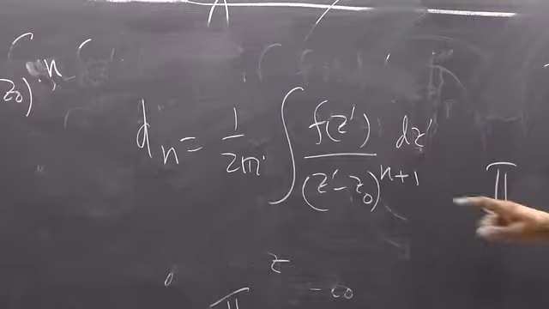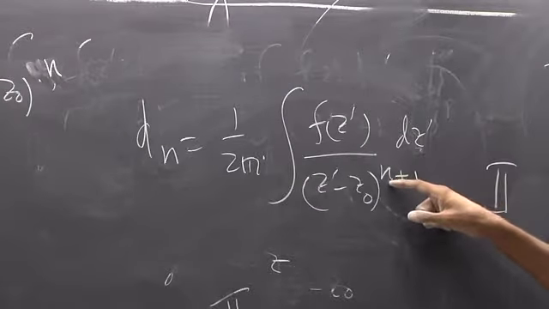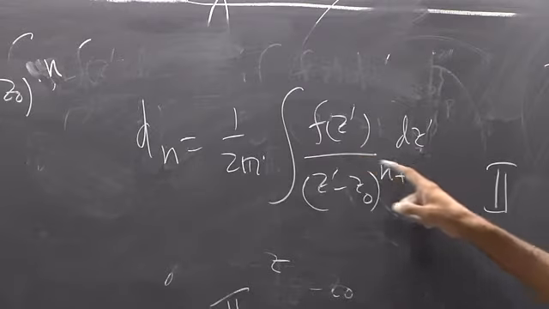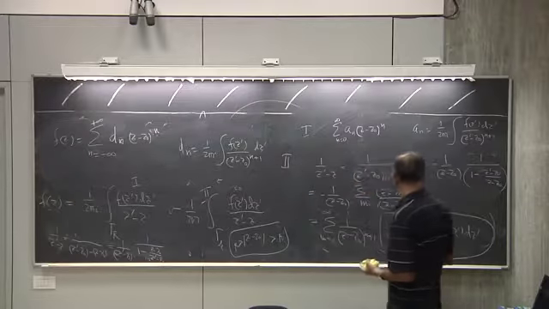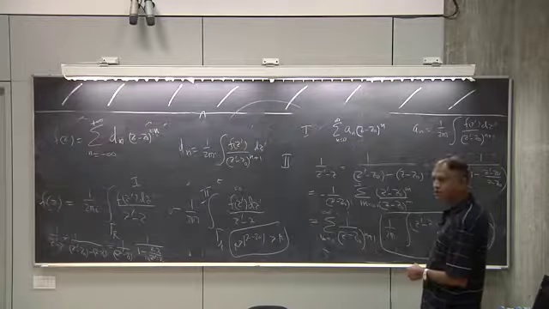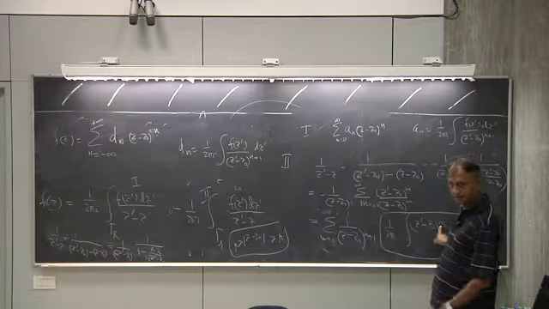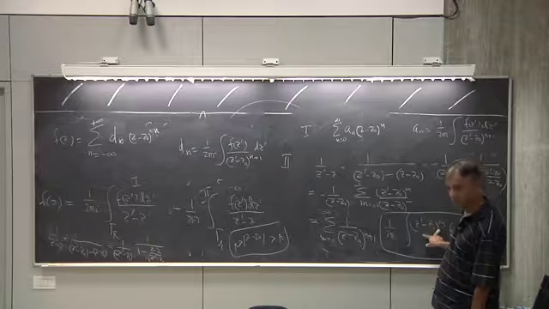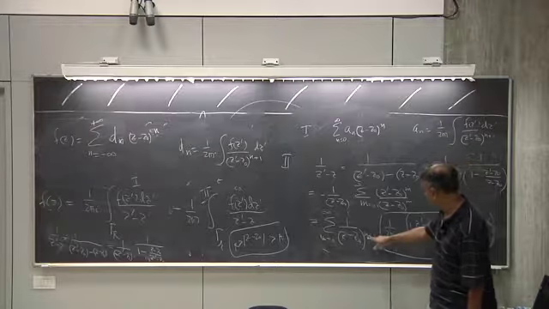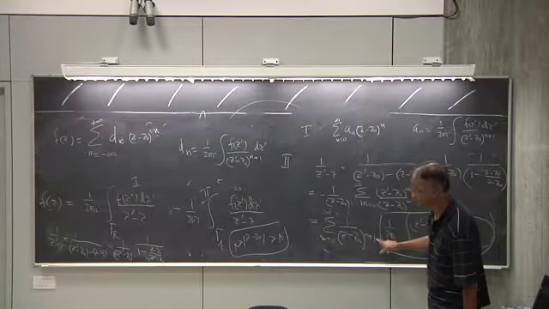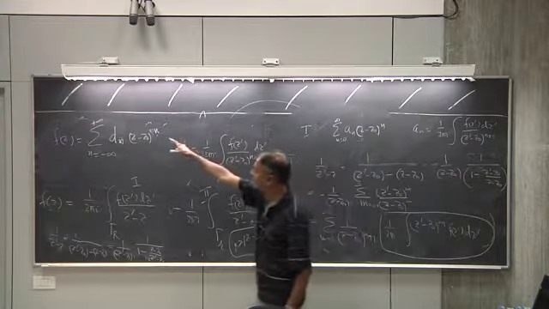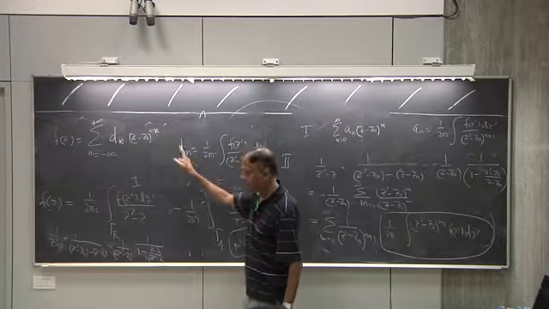But when n is, let's take n equal to -1, then this disappears, and that's indeed the m equal to 0 term here. If you take the m equal to 0 term, there is no z prime minus z0, and m equal to 0 is simply 1 over z minus z0, which corresponds to n equal to -1.